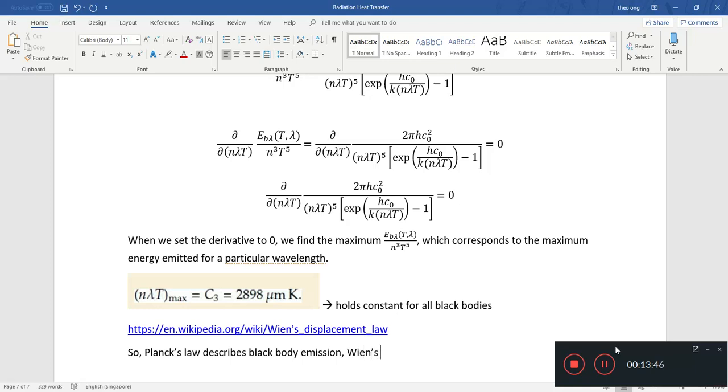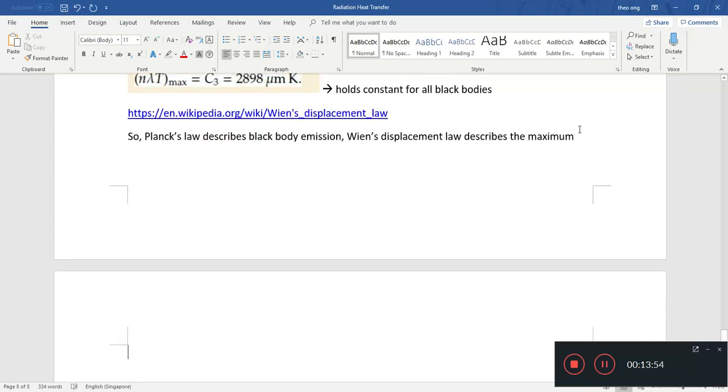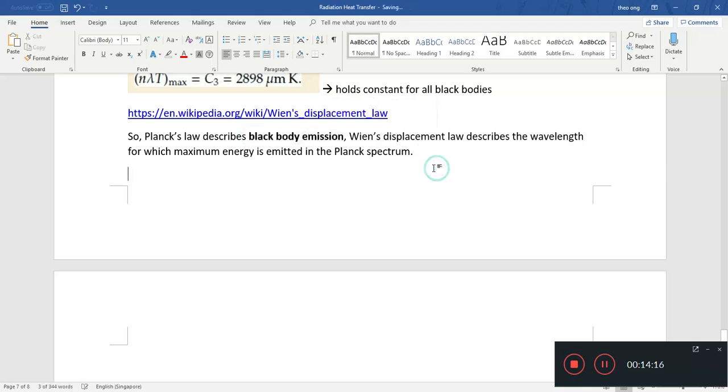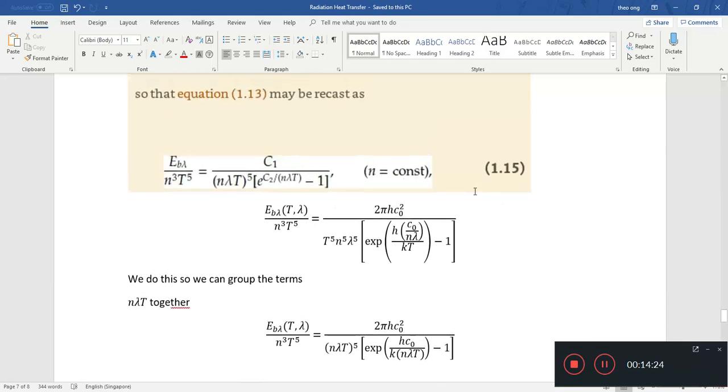Wien's displacement law describes the wavelength for which maximum energy is emitted in the Planck spectrum. It's a black body, so this only applies to black bodies. If there are some other bodies, we will need to see whether it applies the same way. But this is the most simple spectrum to get.